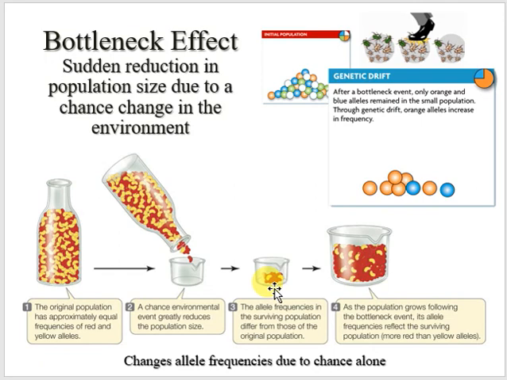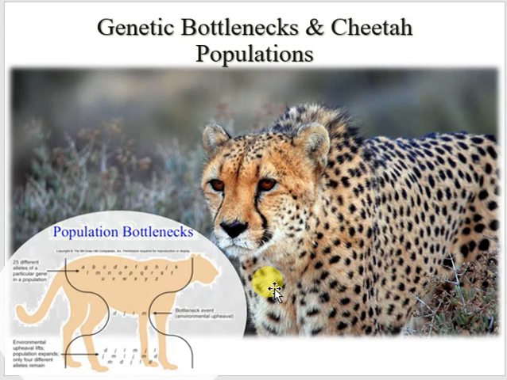All right, so moving into our cheetahs, right? Cheetahs have gone through quite a bit in their evolutionary history. Cheetahs survived 2 bottleneck events. The first one occurred during the last ice age event, which was about 10,000 years ago.